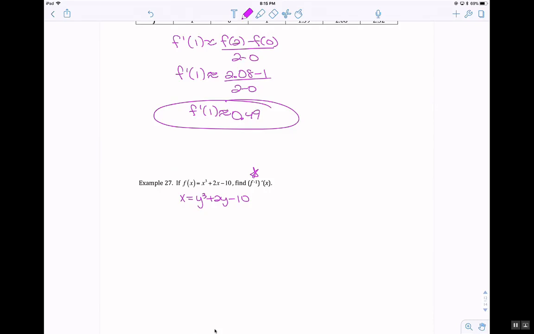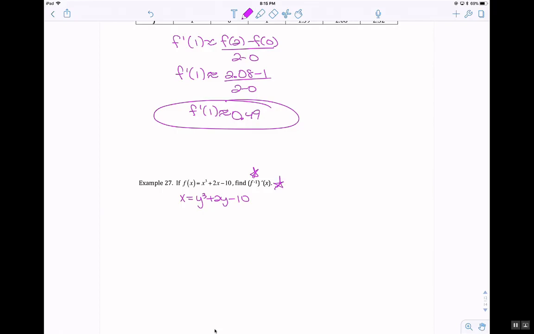And then I would have needed to try to get y by itself. I can't actually get y by itself because I have a y cubed and a 2y, and this doesn't factor into a perfect square where I can isolate my y easily.